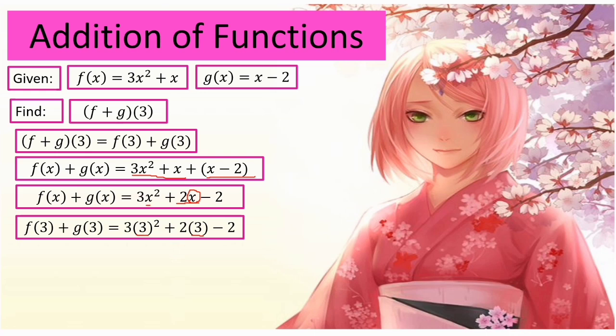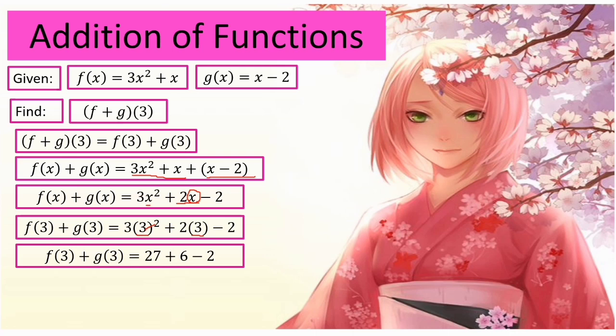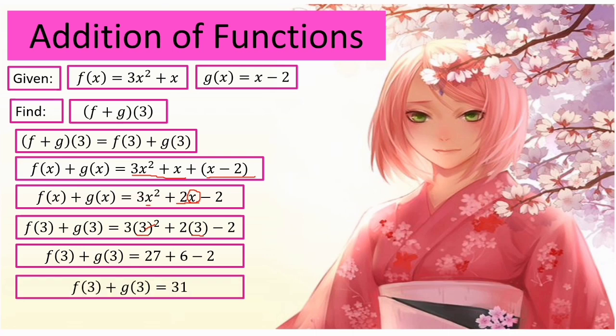So, 3 squared. So, 3 squared is equal to 3 times 3 is equal to 9 times 3 is equal to 27. Very good. So, 27 plus 2 times 3 is 6. So, 27 plus 6 minus 2 is equal to 31. Okay, nakuha ba? Very good.